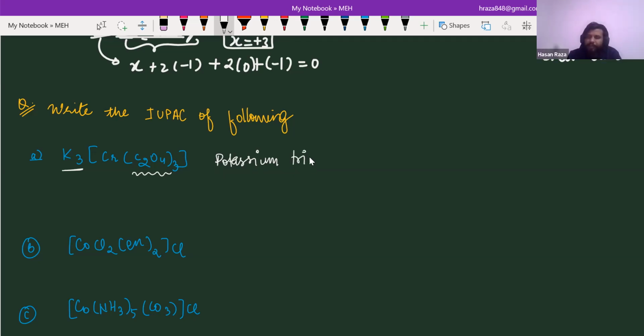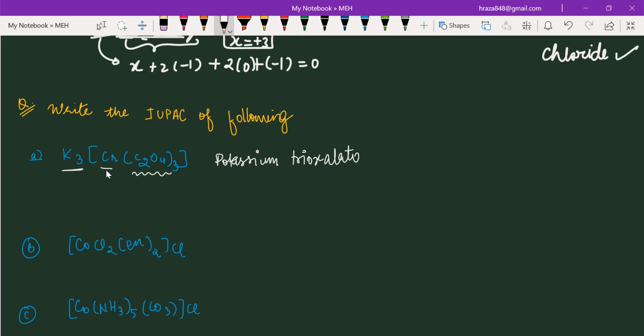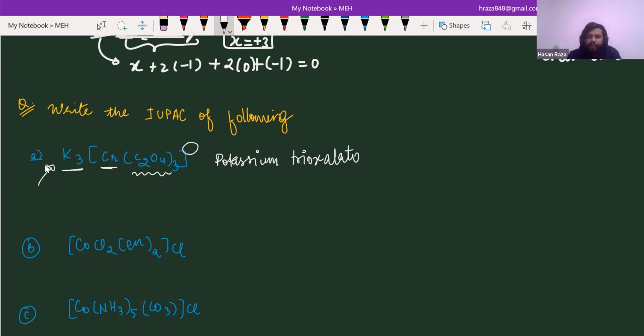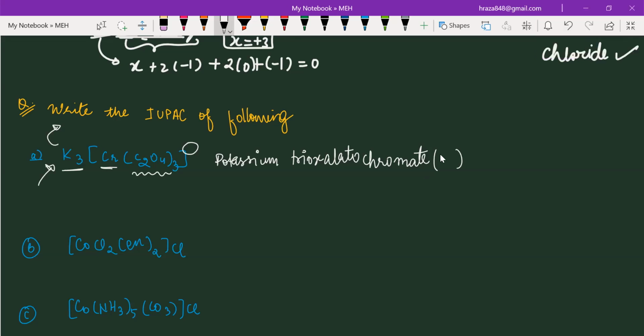Trioxalate it is, but since it is an anionic ligand, the name ends with O, so it becomes trioxalato. Now, before writing the name of the central metal atom, look at this. No negative charge on the bracket, but there is a positive counter ion. If you remove it, there will be a negative charge, so its name will end with ate. So it will be chromate. And what will be the oxidation state of this chromium? 3. Very good. So it's correct.